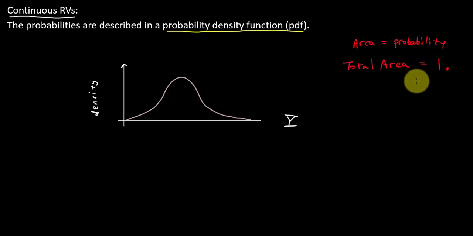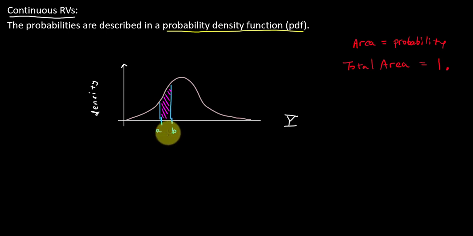Furthermore, if we want to describe some probability over an interval of values, say between A and B here, we would want to find this, I'll do it in pink. We would want to find that pink area. But let's discuss that a little bit more.